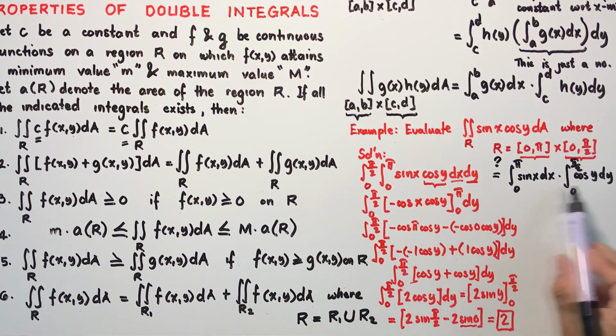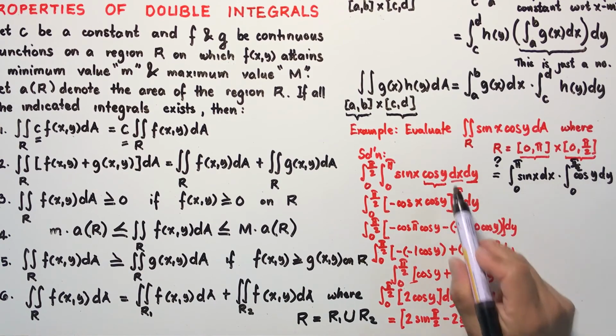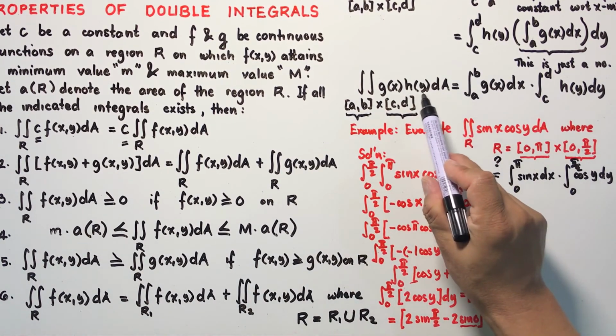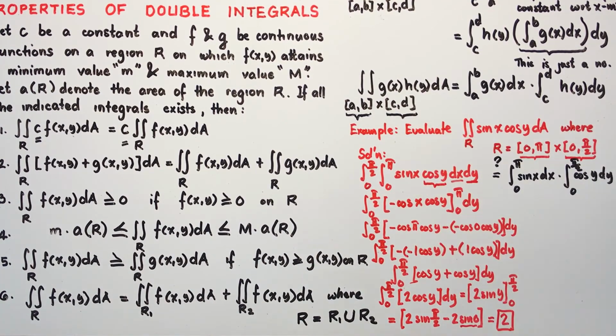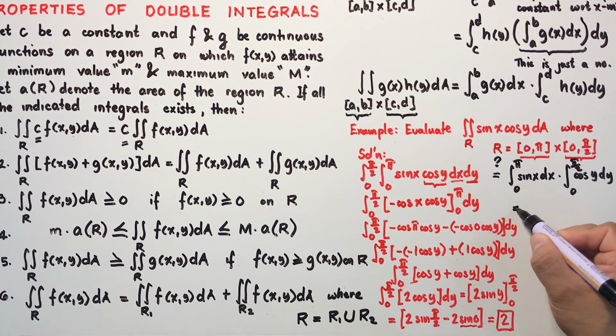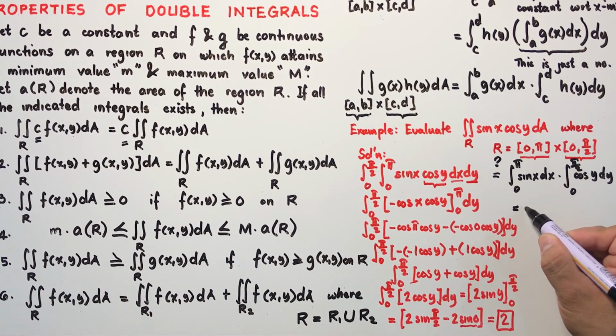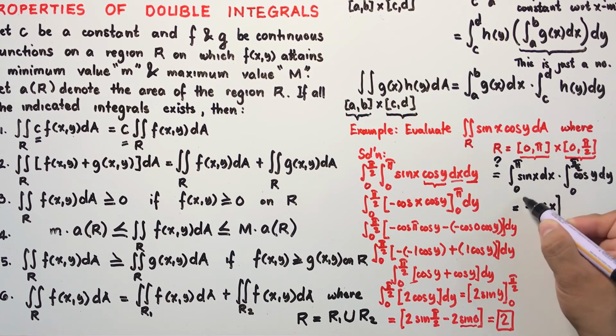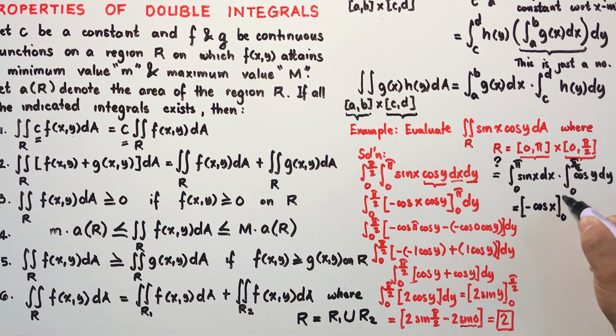So we will check whether the result of this is the same as the result of this one, so that we can verify this claim here. So what is the integral of sine x with respect to x? That is negative cosine x, and this will be evaluated from 0 to pi. And this will be multiplied to the integral of cosine y.